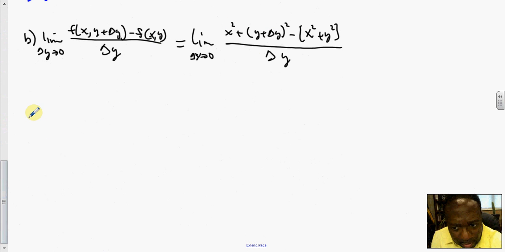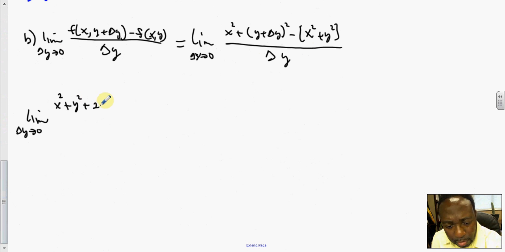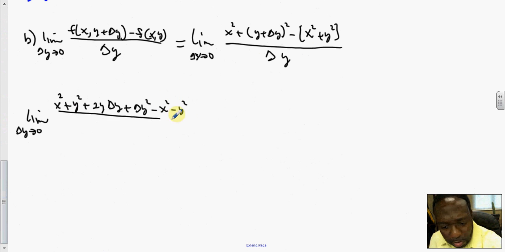We simplify the numerator: x squared plus y squared plus 2y delta y plus delta y squared minus x squared minus y squared, all over delta y.